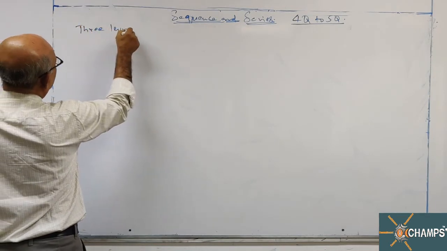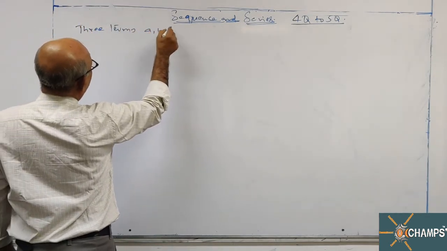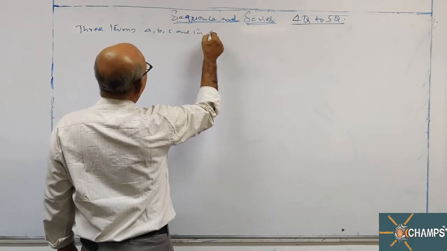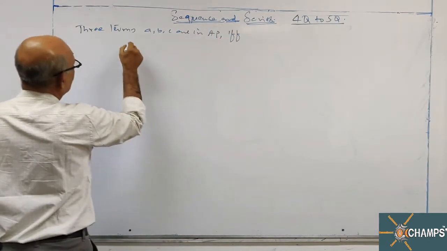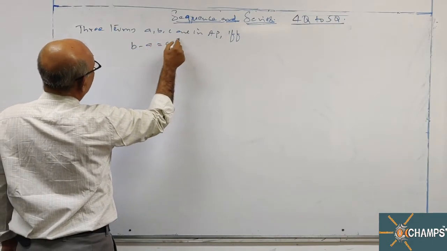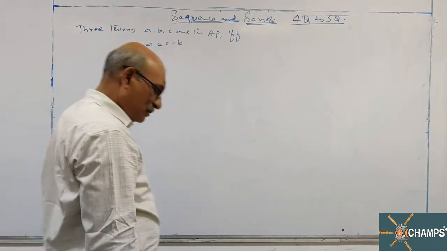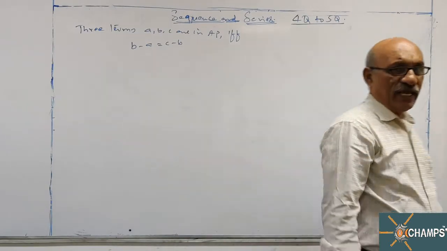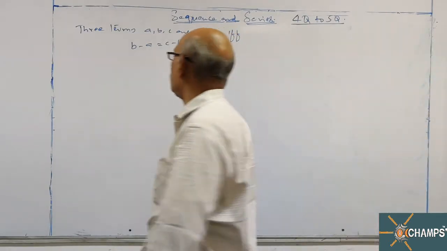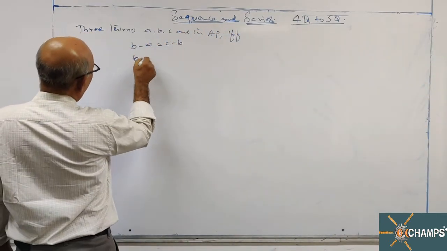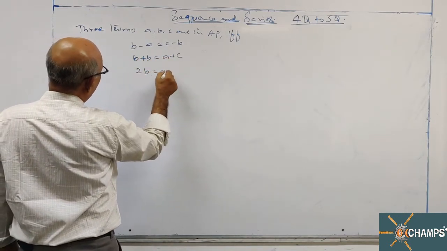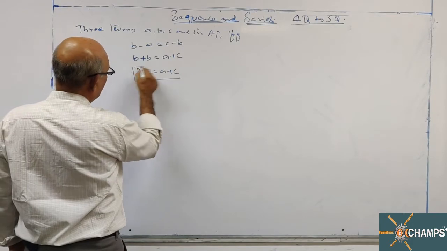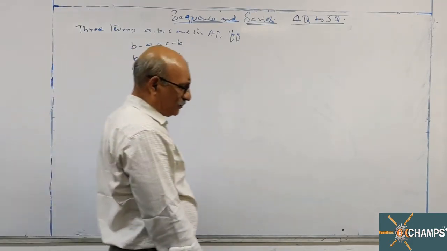Three terms A, B, C are in AP if and only if B minus A is equal to C minus B. Therefore, B plus B is equal to A plus C, so 2B is equal to A plus C. I can use it as a result.